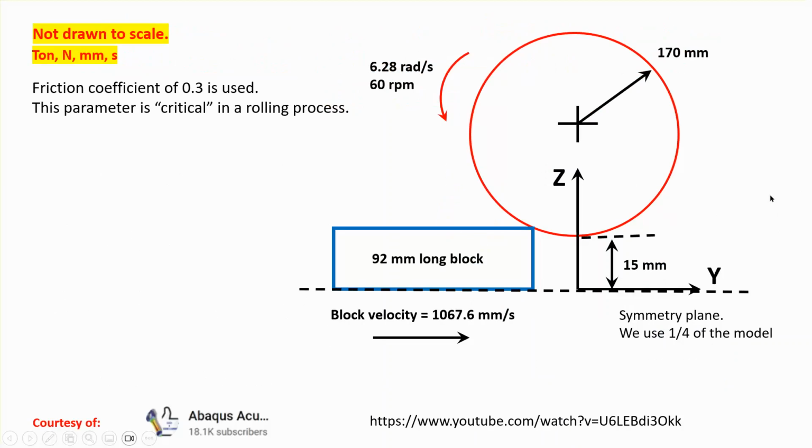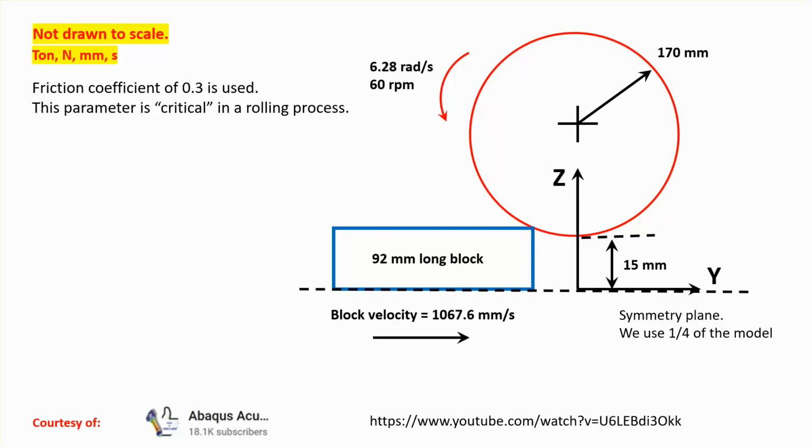So here's the information taken from the resource down below. A YouTuber has substantial videos on doing the same problem in Abaqus CAE, and this particular problem is done by the Abaqus Acumen using the CAE program.